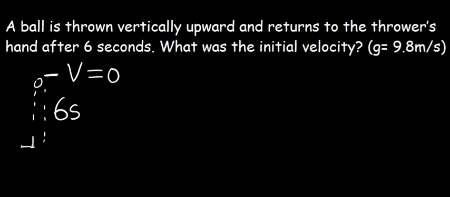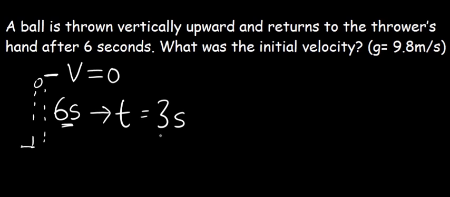So the time it took for it to move to the maximum height and come down is 6. So if the time it took to move up and come down is 6, then the time to move to the maximum height will be what? 3 seconds. Why is it so?